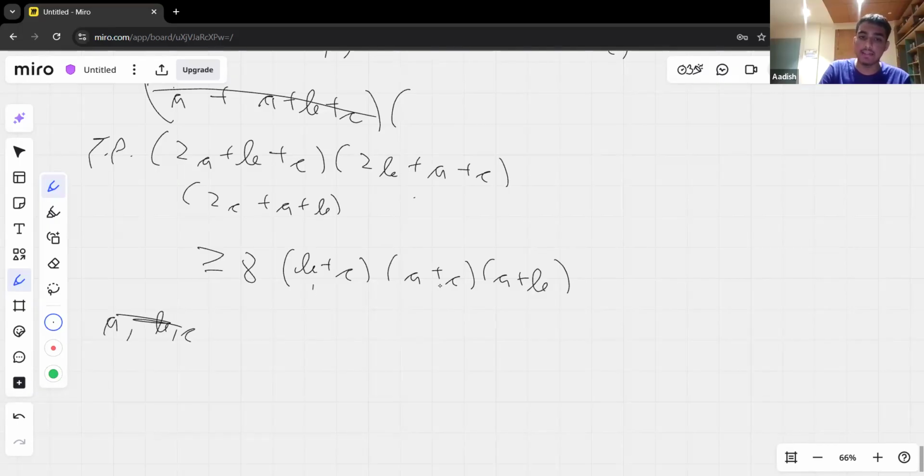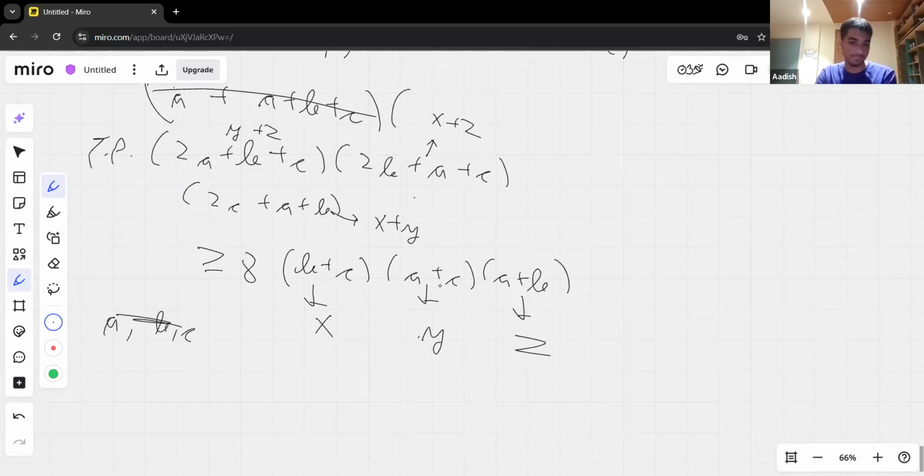Every time they're added together, A plus B, A plus C, B plus C. So if you say B plus C is X, A plus C is Y, and A plus B is Z, then what is 2A plus B plus C? It is A plus B plus A plus C, right? So this is just Y plus Z. Similarly, this is X plus Z, and this is X plus Y.